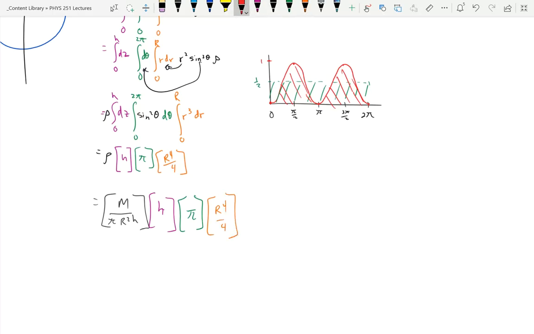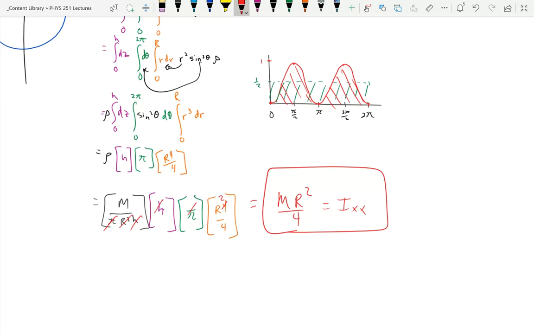So looking at canceling, the pi's cancel, the h's cancel, r squared cancels with 2 of those R. So now we've done these two. Could you reproduce it? Yeah. Good.